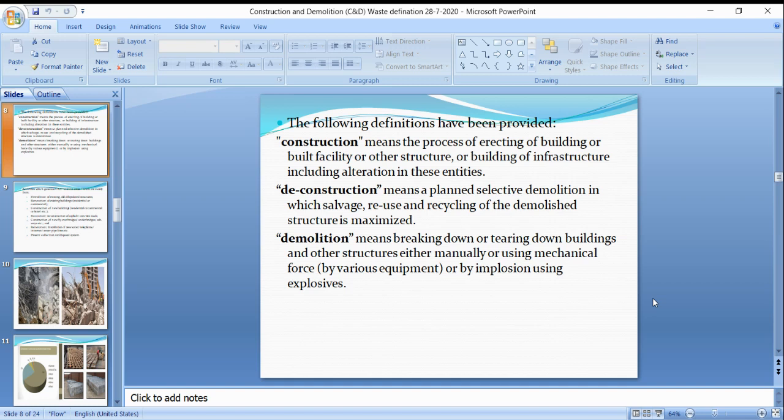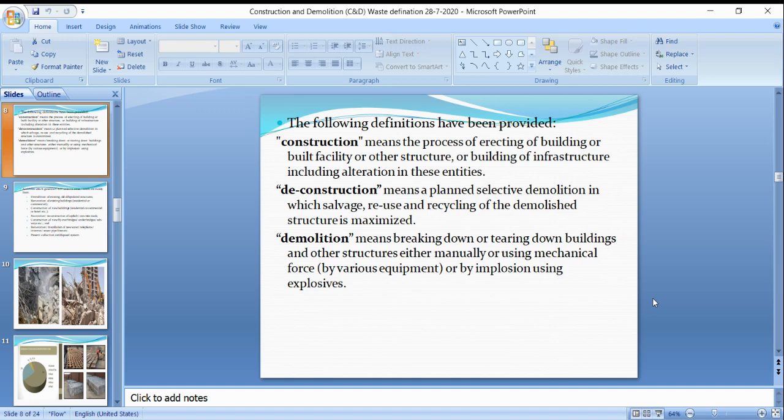Demolition is breaking down or tearing down buildings and other structures either manually or using mechanical force or by implosion using explosives. So demolition is nothing but breaking buildings, tearing down buildings, which might be done manually or mechanically.